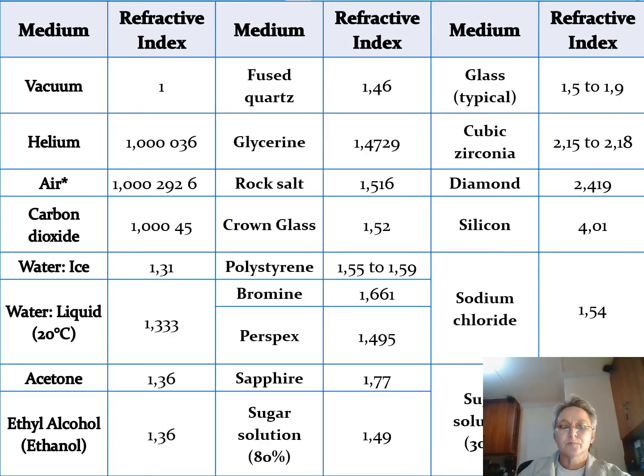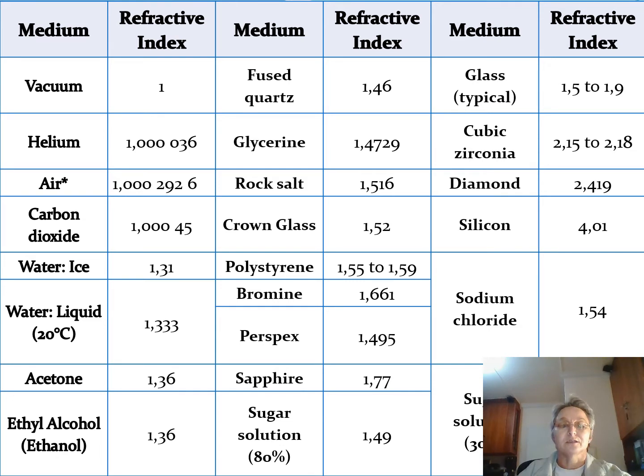This table compares some refractive indices of different media. A vacuum's refractive index is taken as 1. Helium is 1.0000036. Air is 1.0002926. It is used as 1.